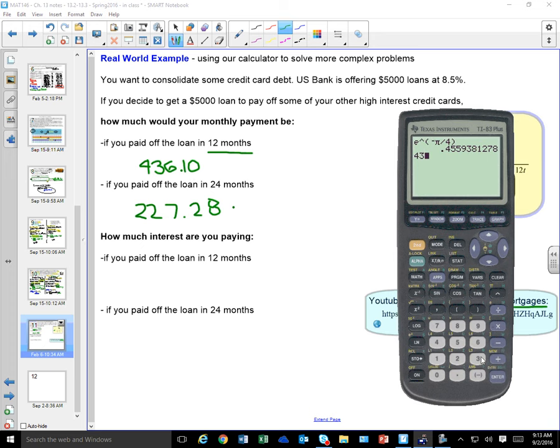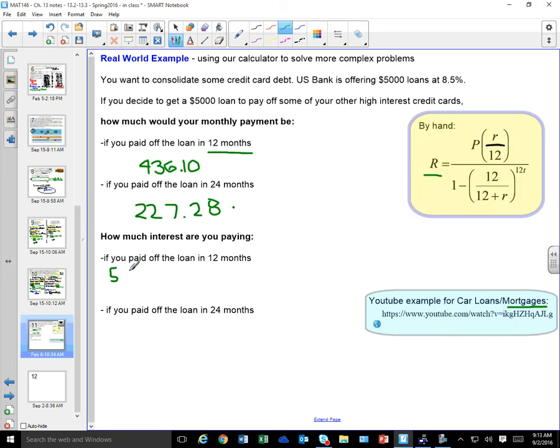So 436.10 times 12 is 5233.20. So is that how much interest I'm paying? No, that's how much I'm paying in total for this loan.